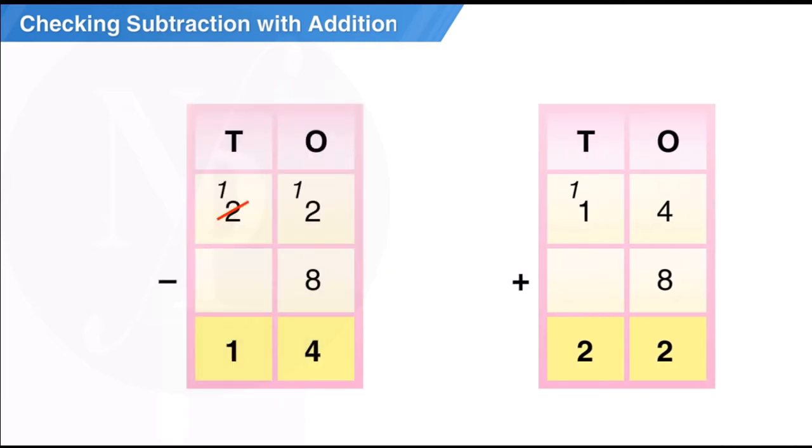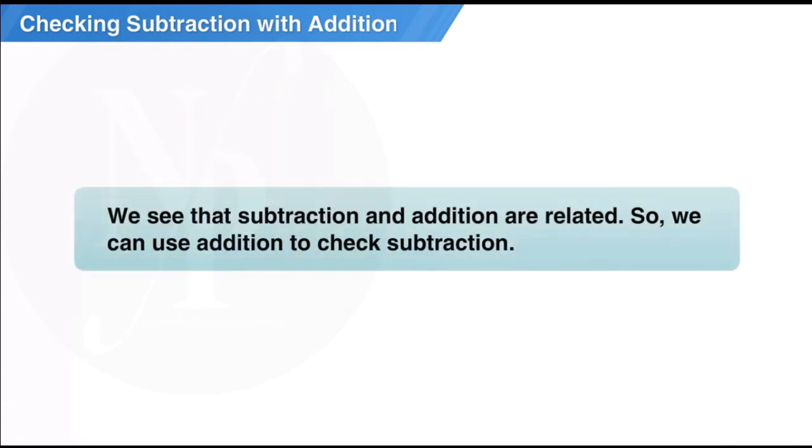We see that if we add the smaller number of the subtraction problem to the answer, we get the bigger number. We see that subtraction and addition are related, so we can use addition to check subtraction.